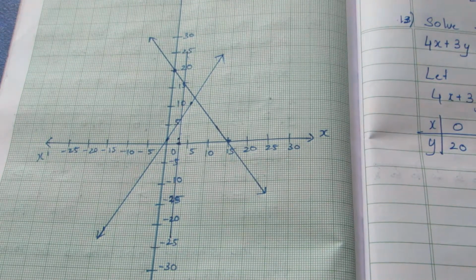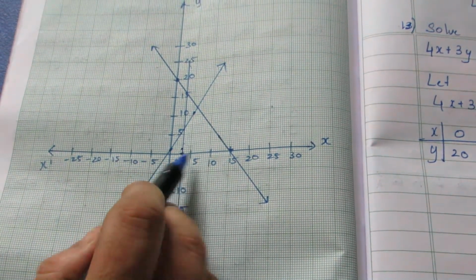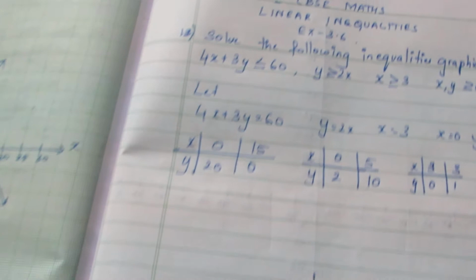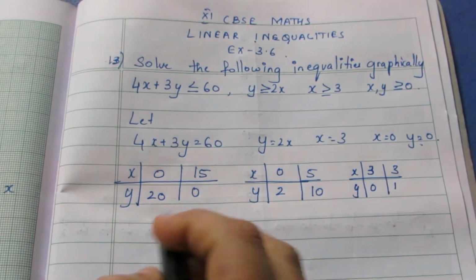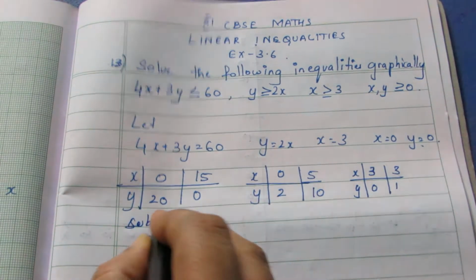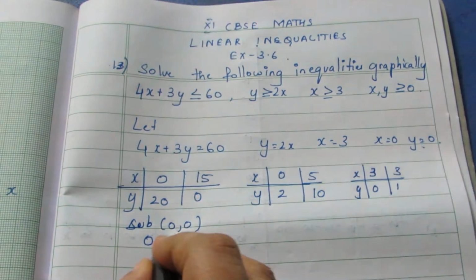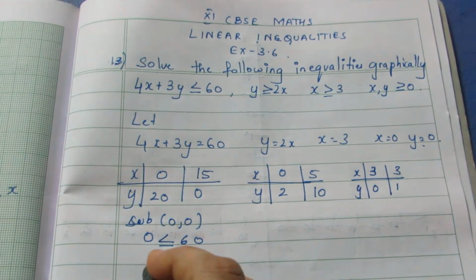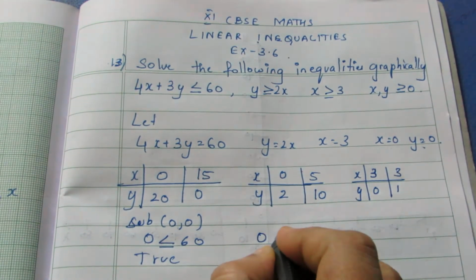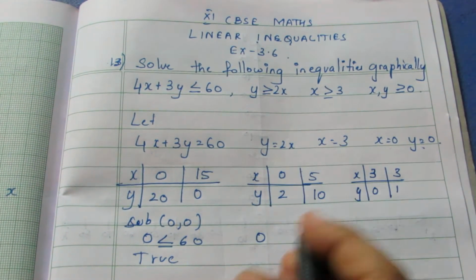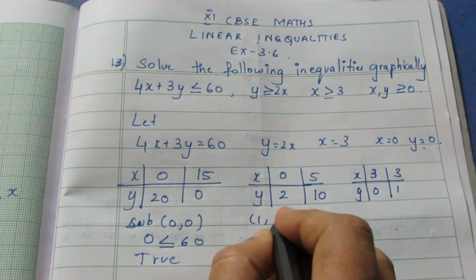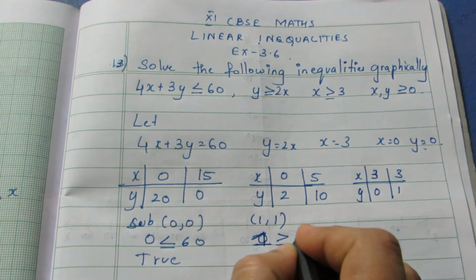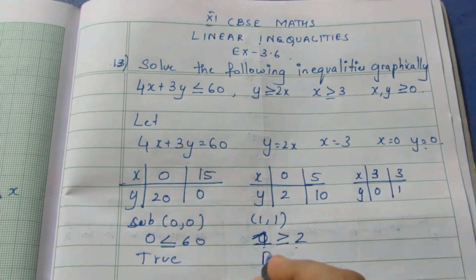Now take any point. I am going to take 0, 0. I am going to substitute it in all the inequalities to check whether it satisfies the solution or not. If I substitute 0, 0 here, 0 is less than or equal to 60. See only the less than and greater than symbol. 0 is less than 60 is true. Here, substituting 0, 0 you will not get any value, so I am going to take 1, 1 for it. 1 is greater than or equal to 2 is false.